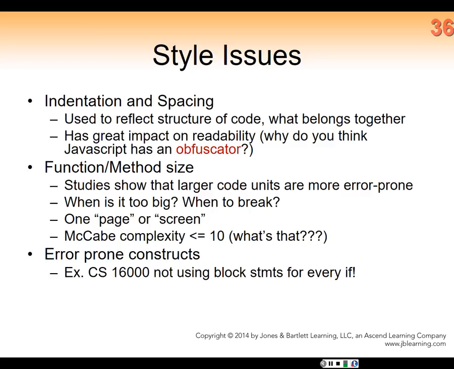And the more execution paths there are through your code, the more difficult that code is to understand, and the more likely it is that one of those paths is implemented incorrectly. So we'll get to that in a little bit, probably next chapter.